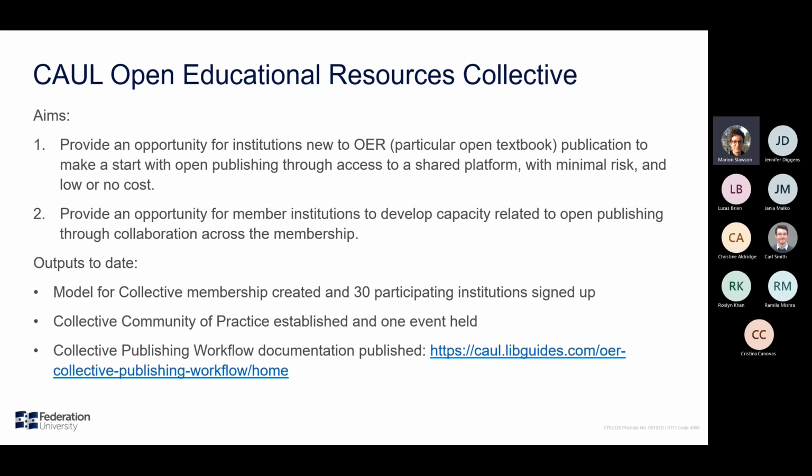But what Call has done is enabled people to buy into creating just one textbook in that suite. So for this year they've signed up their maximum number of institutions, 30 of them, including Federation, and they've created a community of practice around that and held some events for training.